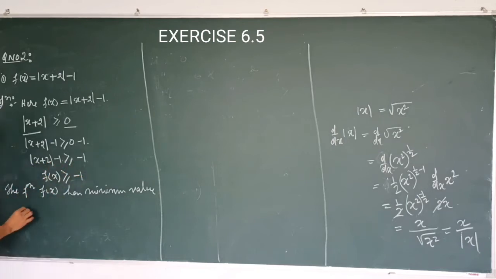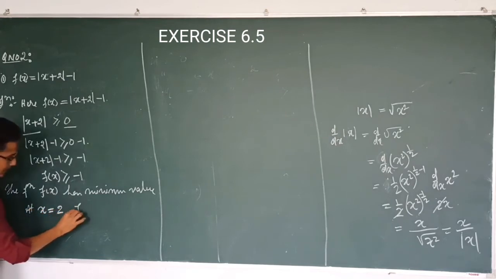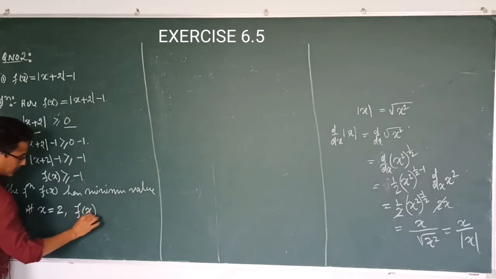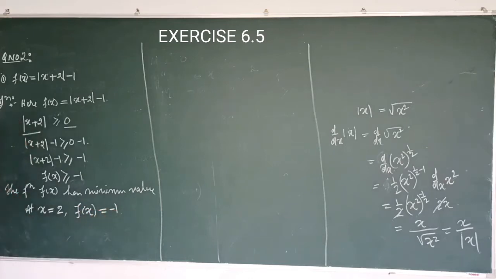So at x equal to minus 2, not 2, f of x equals minus 1. At x equal to minus 2, this becomes 0, and then you get minus 1. So at x equal to minus 2 is the minimum value of f of x. So we found the minimum value.